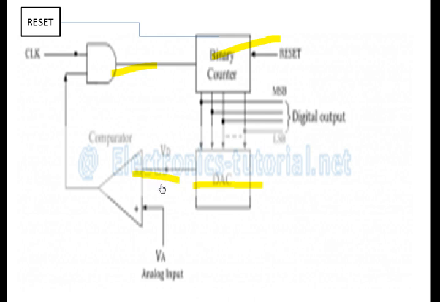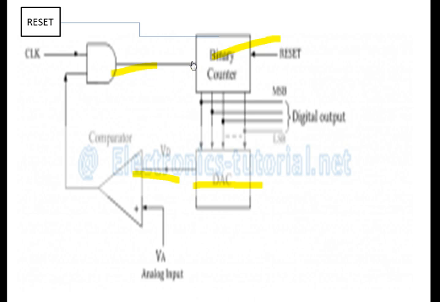If this 0 voltage is less than the analog input we are giving, then the comparator output goes high, otherwise it will be low. That signal is given to the input, and according to that the binary counter starts working, and in this way the counter type ADC works.